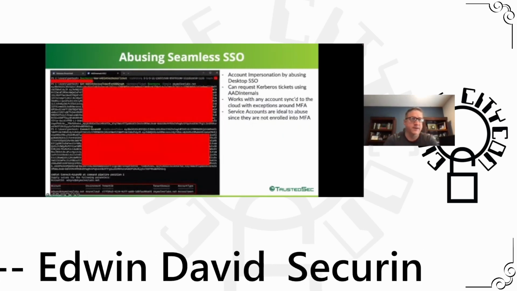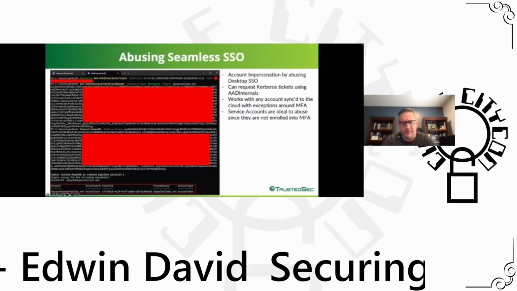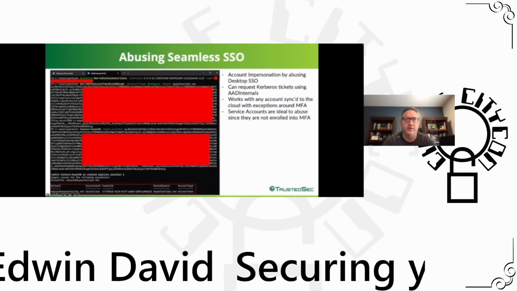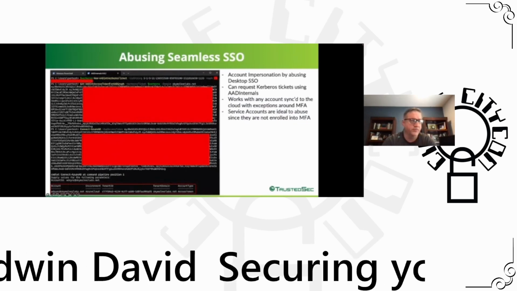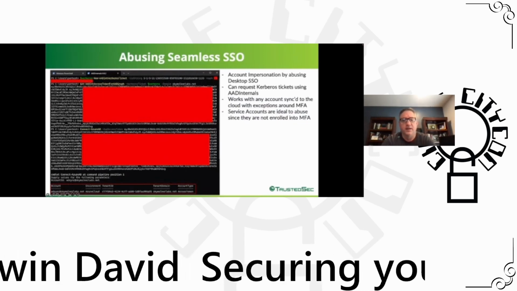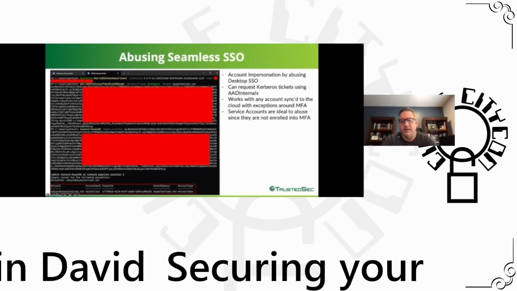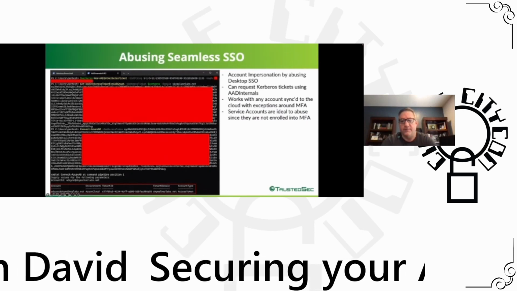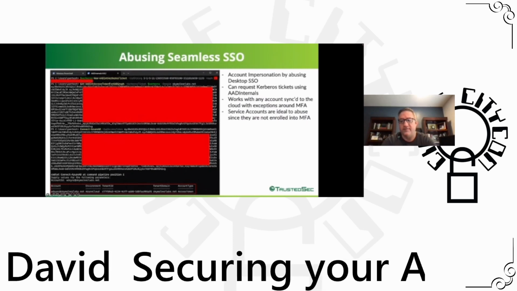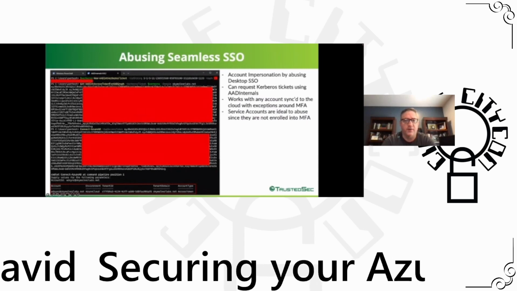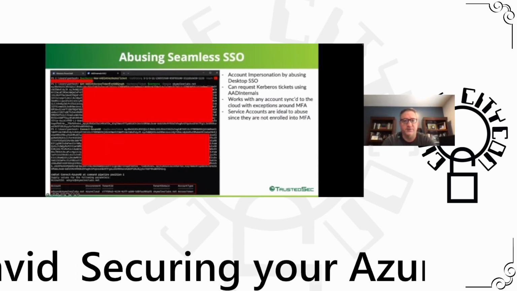And what I'm going to do next is use a function within AADInternals called New-AADIntKerberosTicket. So if you extract SIDs internally, you can even get SIDs externally from within Azure AD PowerShell if you don't have direct line of sight to the domain controller.